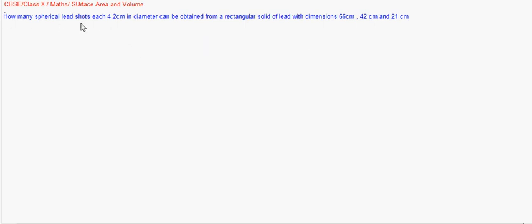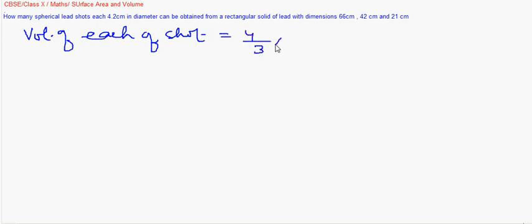Let us first find the volume of each of these spherical lead shots. Volume of a sphere is 4 by 3 pi r cube, where r is 4.2 by 2, that is 2.1. This is for each of them. Suppose we have n number of spherical shots.